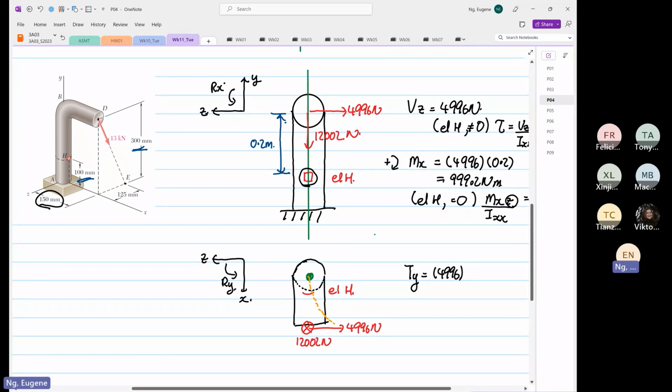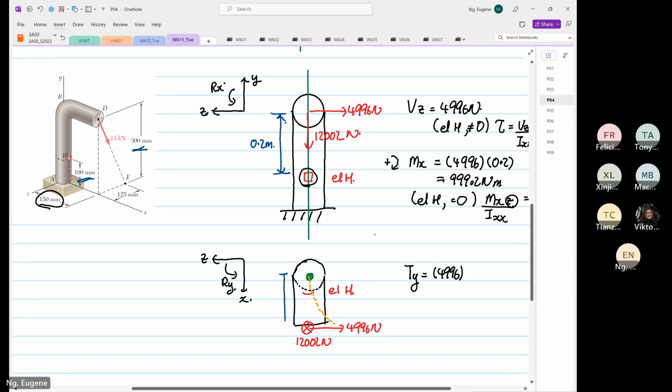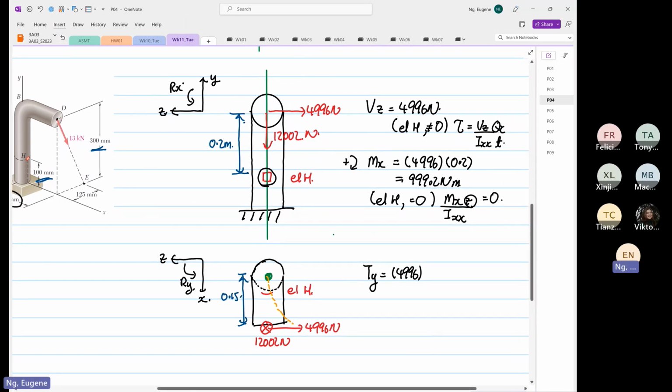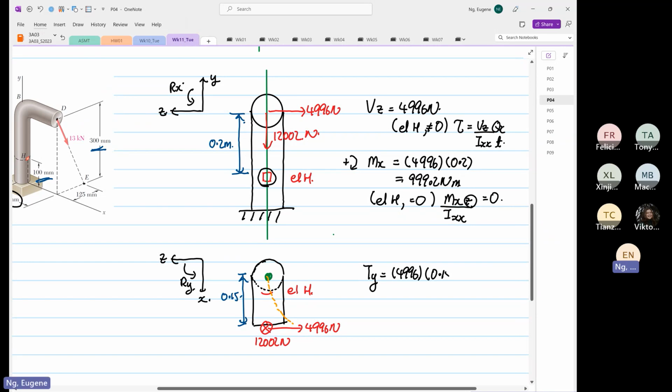So we know the distance from here to here is 0.15. So this will be equal to 4996 multiplied by 0.15, which is 749.4 Newton meter.